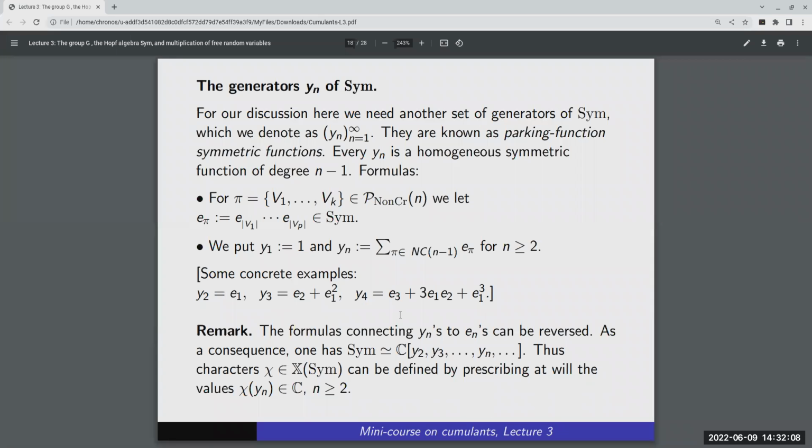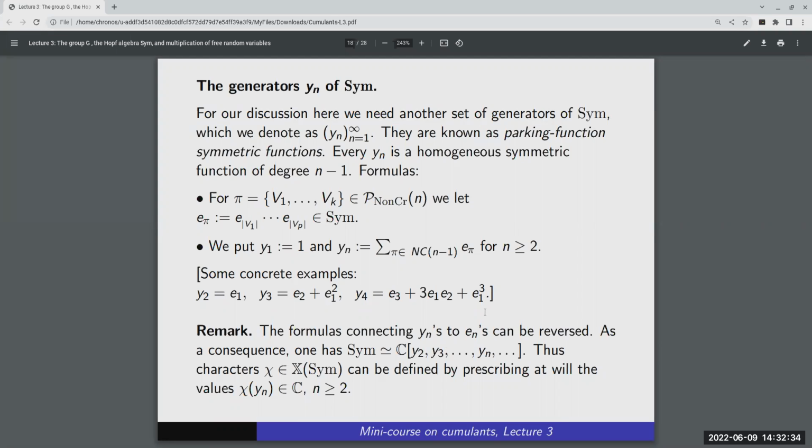In y4 there are 5 terms which correspond to the 5 partitions of 3 points: all the points together, all the points separated for E1 cube, and 3 ways of separating 1 point from the other 2. And in general, for Yn, you take all the non-crossing partitions of n-1 points and do a product, E pi, which is defined to give you E1, E2, or E1 cube, and so on.